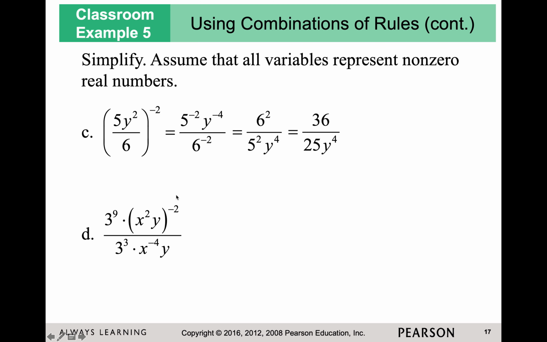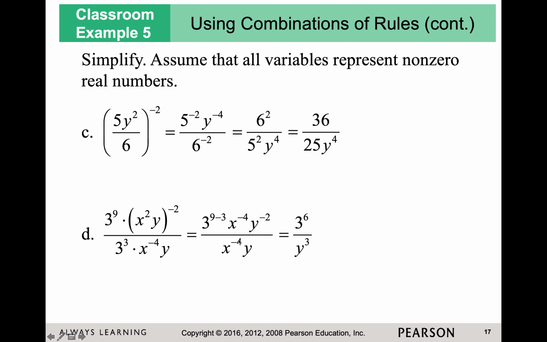And the next one, there are multiple ways to get to the answer. I would distribute the negative 2 first. So I would do negative 2 times 2, which is negative 4, negative 2 times y, which is negative y. I have 3 to the 9th power divided by 3 to the 3rd power. I could combine that into one step, or I could create a new step. Notice I have two quotient rules happening here. 3 to the 9 minus 3 would be 6.